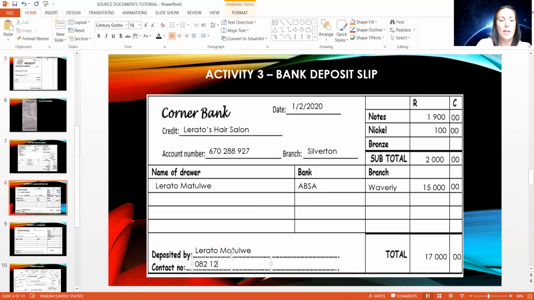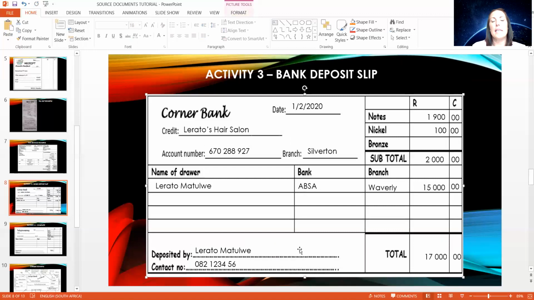So let's just do this. Is there a number missing? Okay, there's a contact number. Doesn't matter really, any contact number should be fine. Right, and this is then how you complete a bank deposit slip.